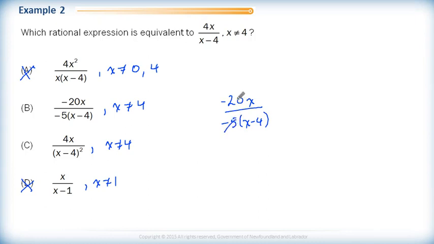I can divide this negative 5 into the negative 20 to get positive 4. So I've got 4x over x minus 4. So it does indeed simplify to the desired expression, and it does indeed have the same restriction. So B is our correct answer, C is not.